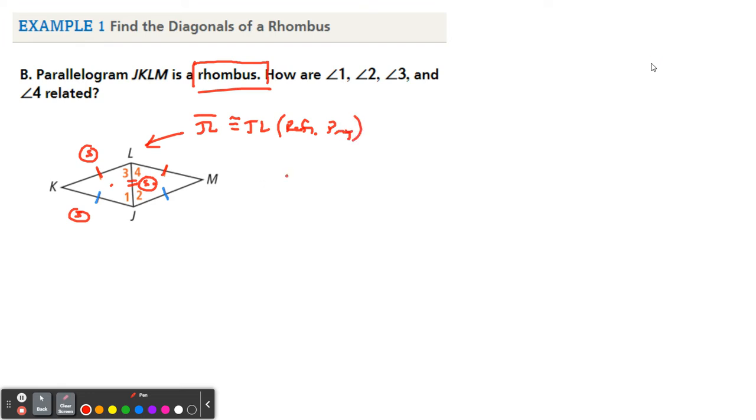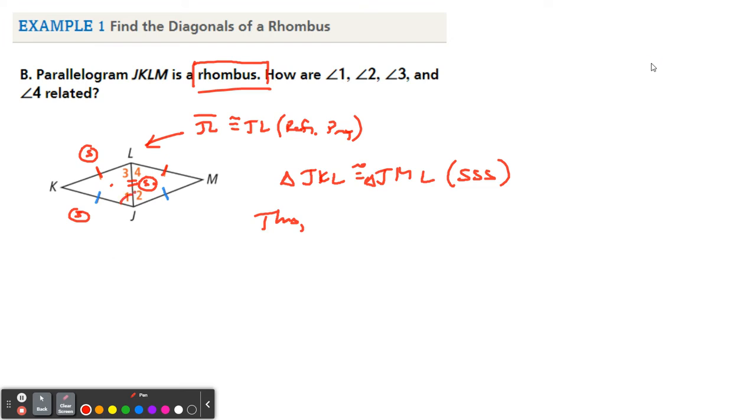So therefore, these 2 triangles, triangle JKL and triangle JML, will be congruent, and that's by side, side, side. So therefore, by CPCTC, corresponding parts are congruent.